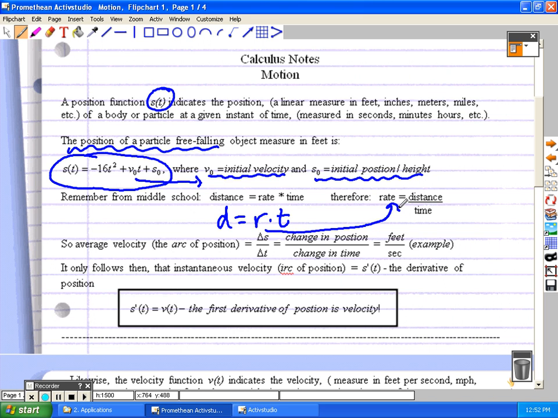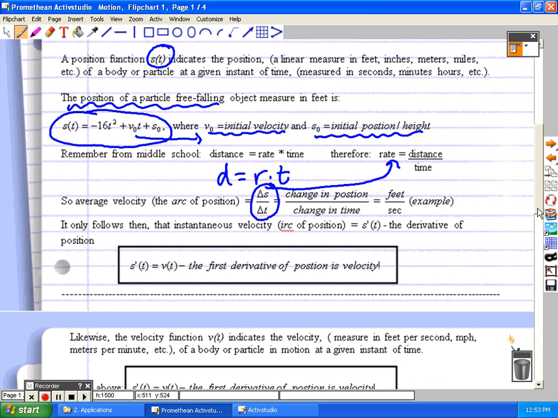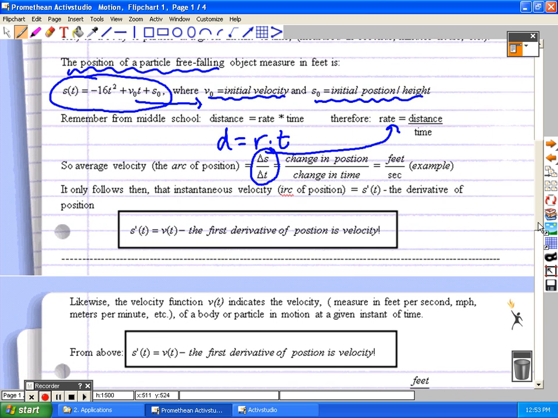You can calculate the average velocity that your car was traveling by the change in position, which would be the 300 miles, over the change in time, which would be the number of hours, and that would give you average velocity. But as you're traveling to Grandma's house, if you wanted to know exactly how fast you were traveling at the 1 hour mark, that would be your instantaneous rate of change.